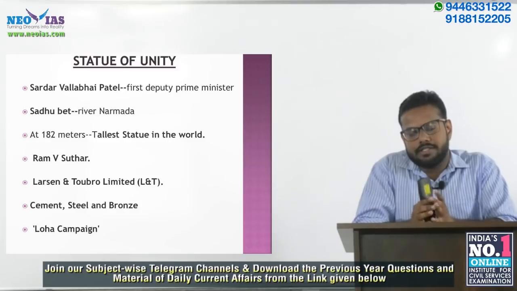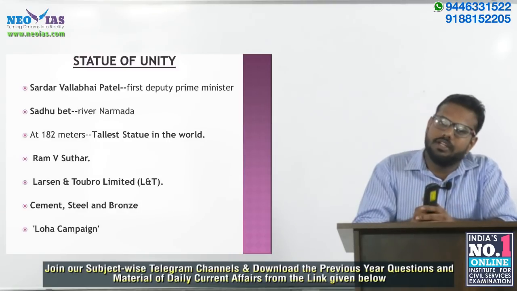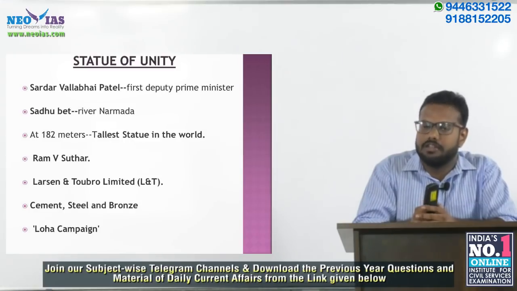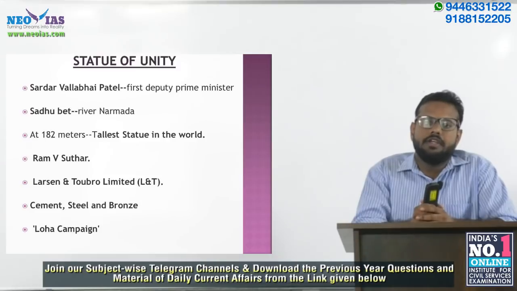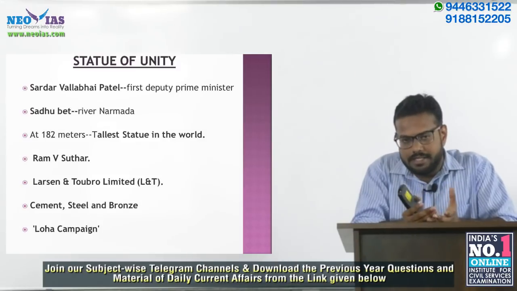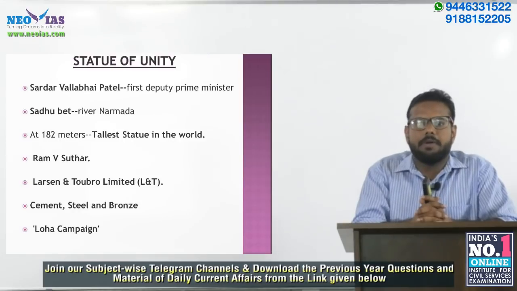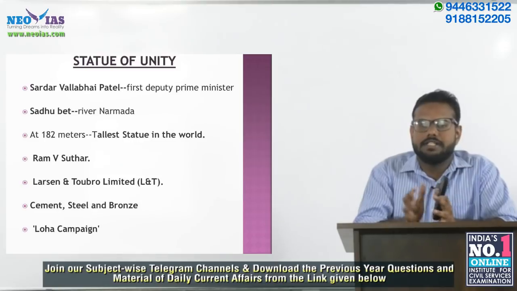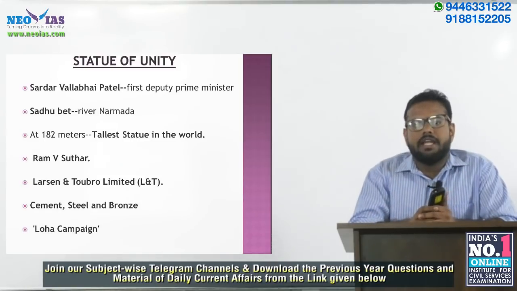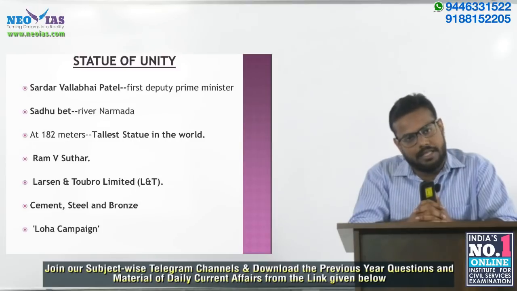And I already told you it is the tallest statue in the world and the height is almost 182 meters. Thus, we are discussing the Statue of Unity, which depicts Sardar Vallabhbhai Patel and is located in the Sadhu Bet in the Narmada river near Vadodara, and it is the tallest statue in the world having height 182 meters.